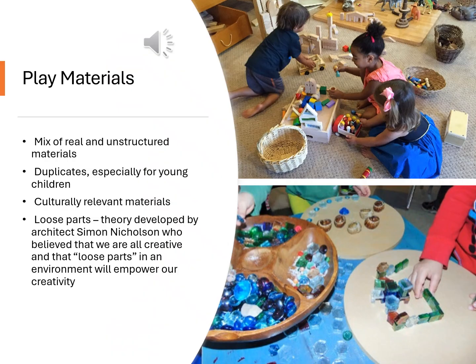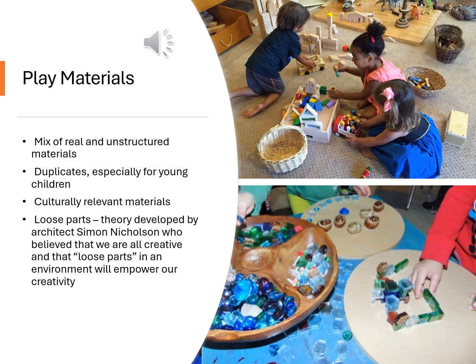Last up, let's talk about the kinds of play materials that you want to have available. So one, you want to have things that are real and not real. So real meaning wood, not plastic, but mostly lean towards the real if you can.